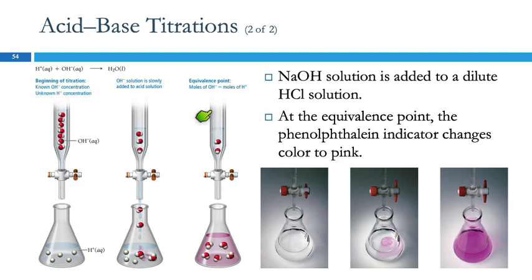We can look at the difference in the level of the burette and identify how many milliliters of sodium hydroxide have been added. And we know the concentration, so we can find out the moles. Then we're going to look at the chemical equation for this reaction and see what the mole ratio is. And we can calculate the moles of hydrogen ion. And then knowing the volume of the acid that we started with, we can calculate the concentration.